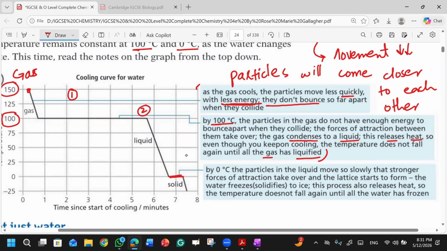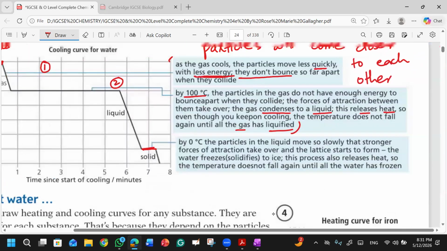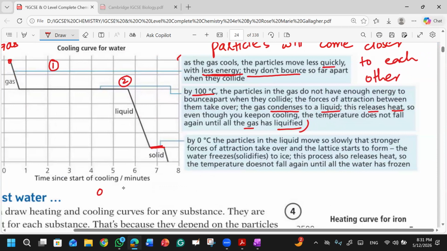At 100 degrees, the particles in the gas don't have enough kinetic energy to bounce apart when they collide with each other, and the forces of attraction will increase in them, and the gas condenses to a liquid. What is meant by condensation? Initially in the gas the particles were far apart from each other.